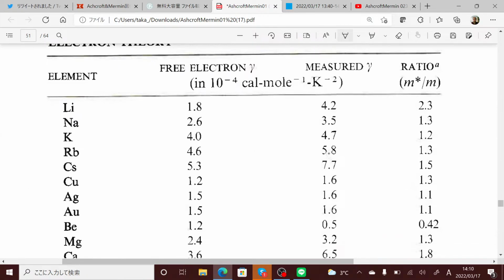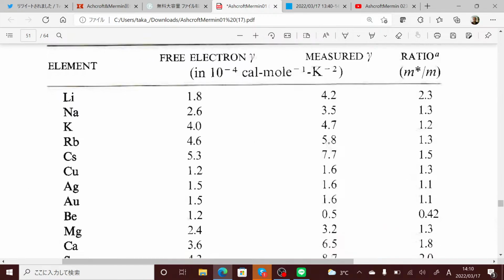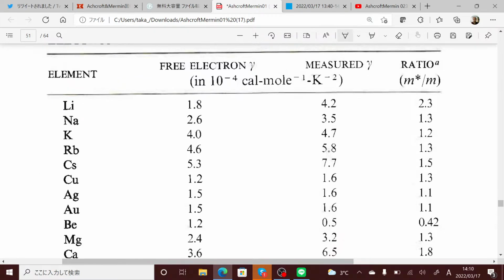Anyway, so lithium, it's okay. This is just the ratio, the gamma ratio. So this is the same as the gamma ratio.